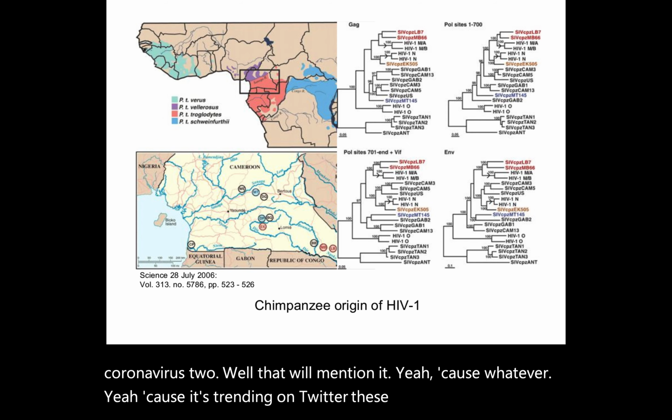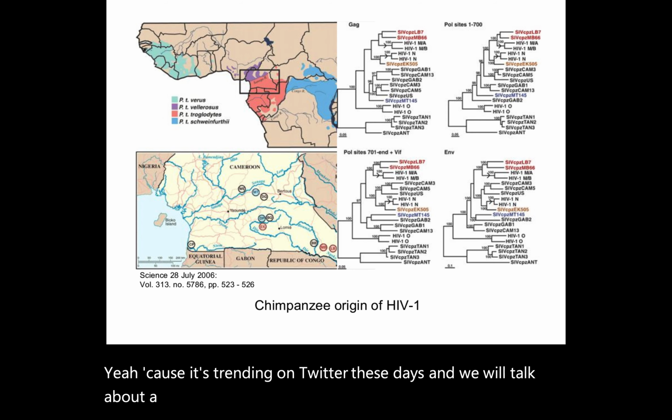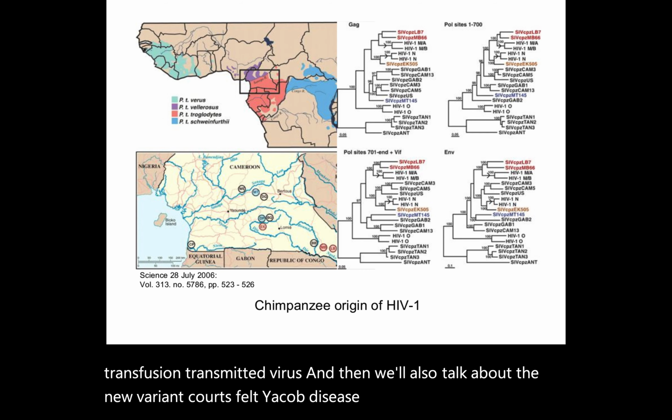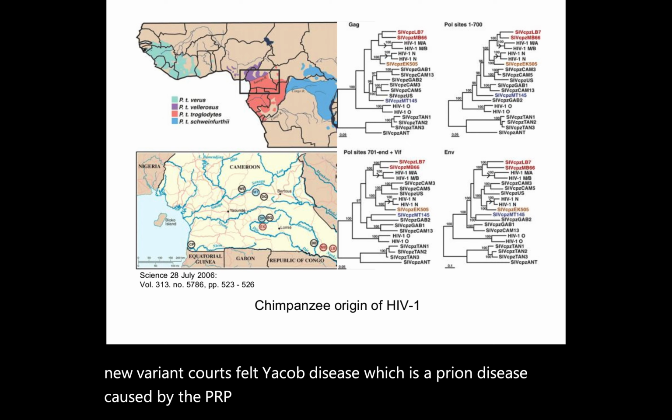And we will talk about a 3rd virus, which is called TT virus, torquatinovirus, or transfusion-transmitted virus. And then we'll also talk about the new variant Creutzfeldt-Jakob disease, which is a prion disease caused by the PrP-Sc form of the PrP-C protein. We will get there, I promise.